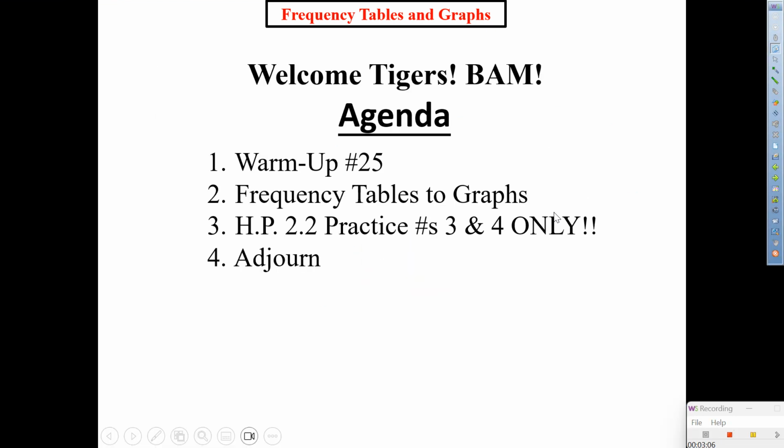Copy the agenda for today. Warm-up number 25, frequency tables and graphs. And tonight's home play is numbers 3 and 4. Yesterday was 1 and 2. Now, I'm fine if you didn't get to the last graph, which is Ogive. Some of you might have done a Google search, which is fine, or a video search.